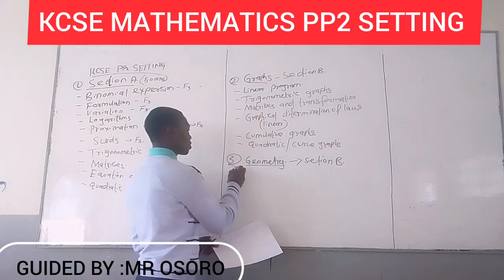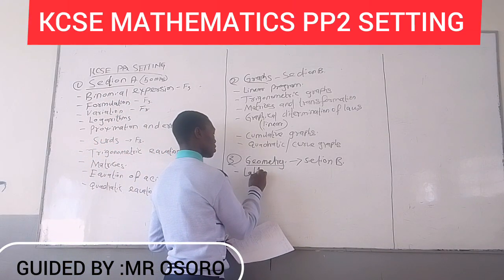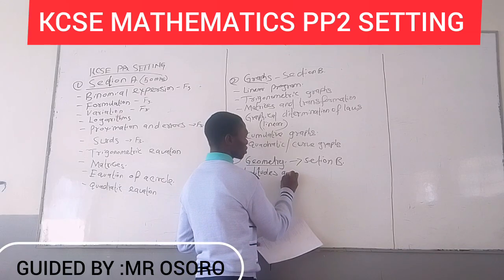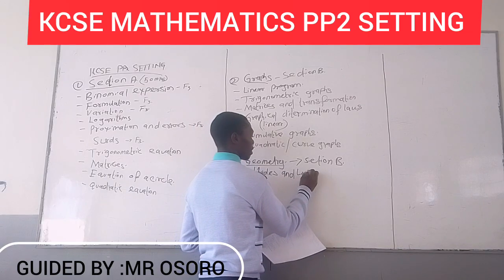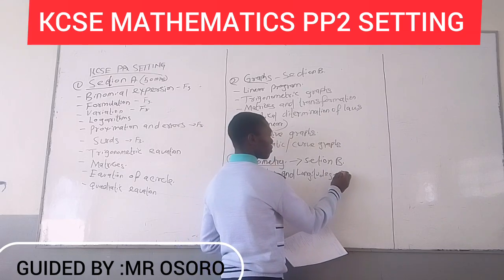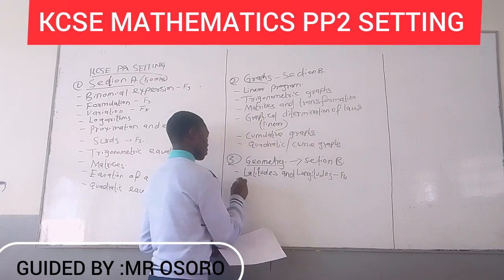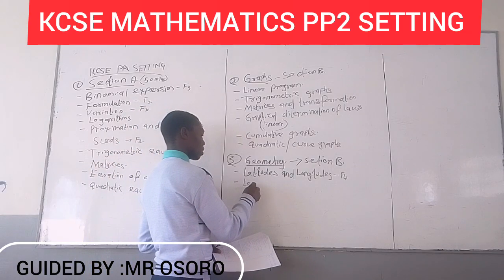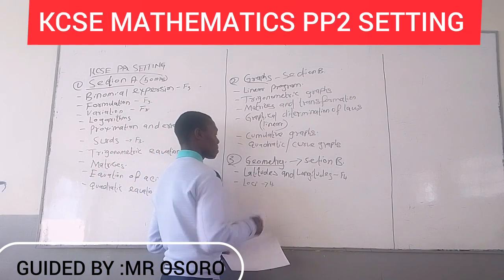And these are the latitudes and longitudes. So these are Form 4. Loci, they are in Form 4.